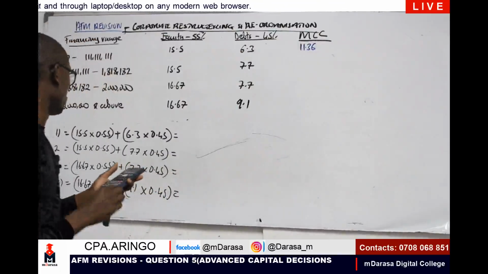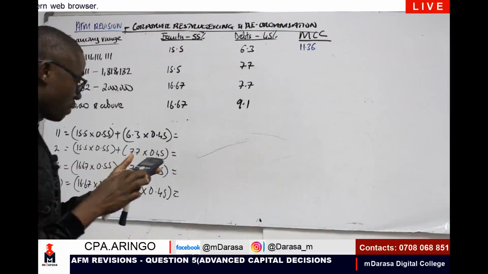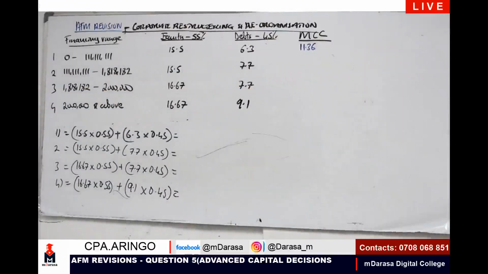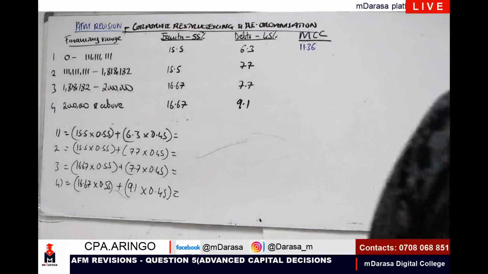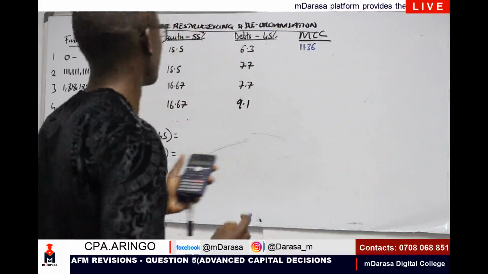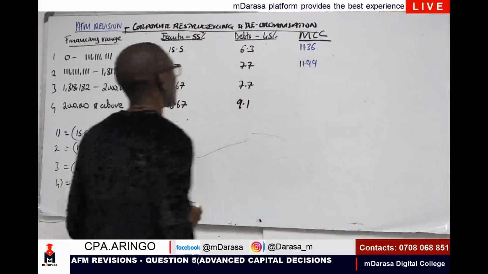The other bit, 15.5 times 0.55, we add 7.7 times 0.45, which gives me 11.99.